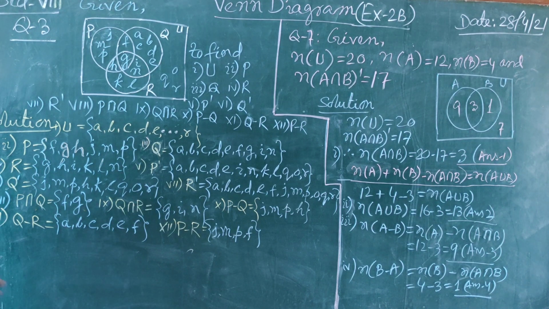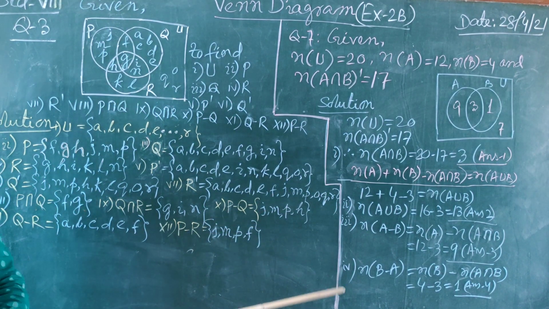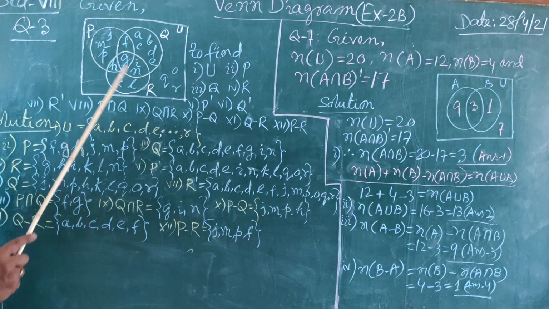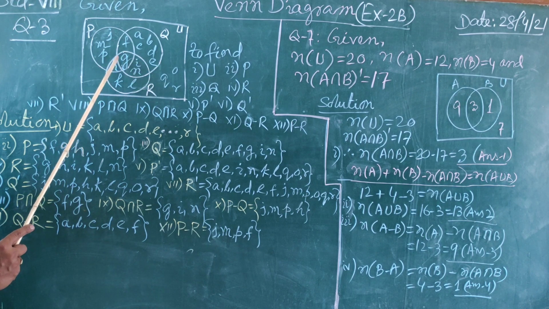Now, first of all, in this diagram, which is P intersection Q intersection R? That means the element common to all three sets is only G. This particular region is for P, Q, and R, for all the three sets.